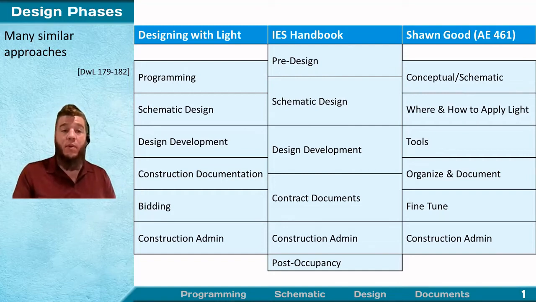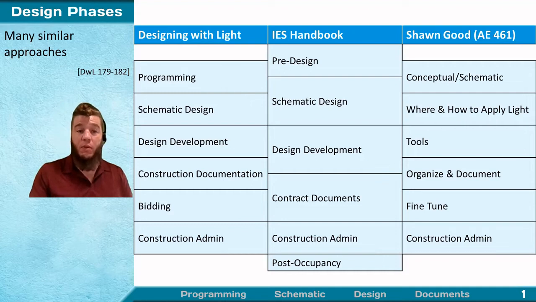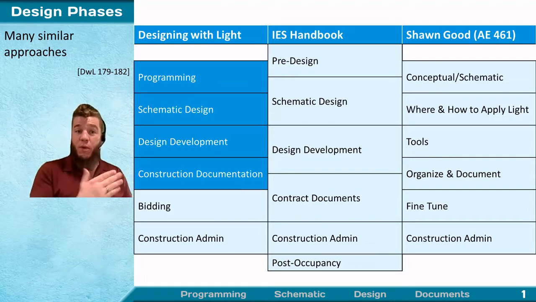So in your textbook, and this is what we're going to be relying on in this class, it quotes 6 design phases right here. And we're going to be taking a look at primarily the first 4 of those design phases.